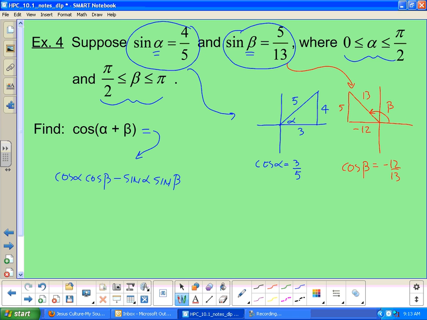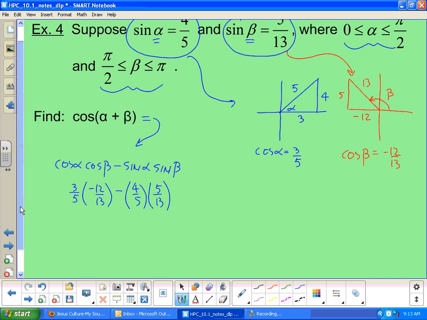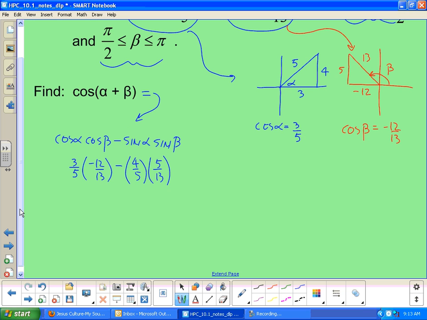Cosine alpha, we said, was 3/5. Cosine of beta was negative 12/13, minus sine of alpha, which is 4/5, and the sine of beta, which is 5/13. Doing some simplifying here, making sure I don't miss it this time. We have negative 36 over 65, and minus 20 over 65.